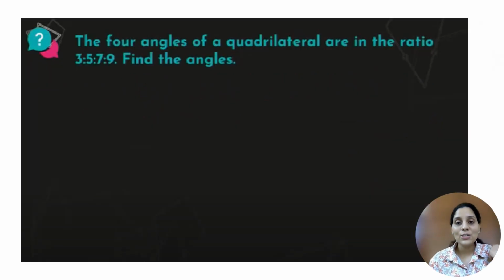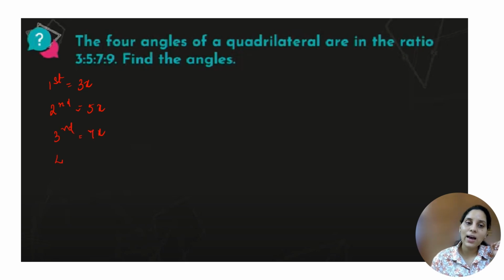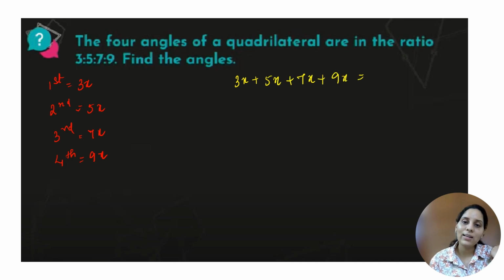The four angles of a quadrilateral are in the ratio 3 is to 5 is to 7 is to 9. Find the angles. Now, since we are given the ratios, first angle will be equal to 3x, second angle will be equal to 5x, third angle will be equal to 7x, and the fourth one is equal to 9x. Since it's a quadrilateral, I can write first angle plus second angle plus third angle plus fourth angle is equal to 360 degrees.